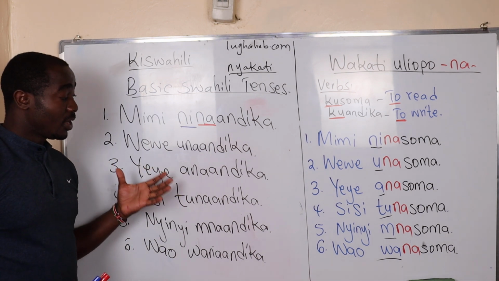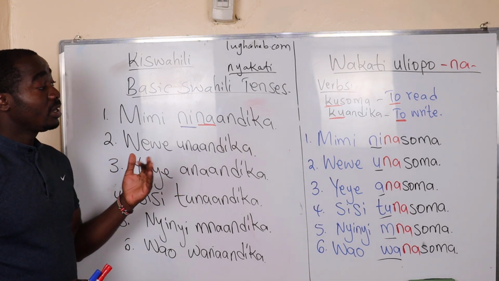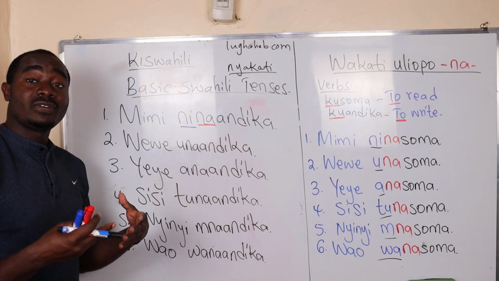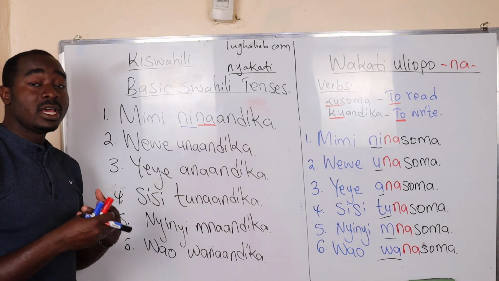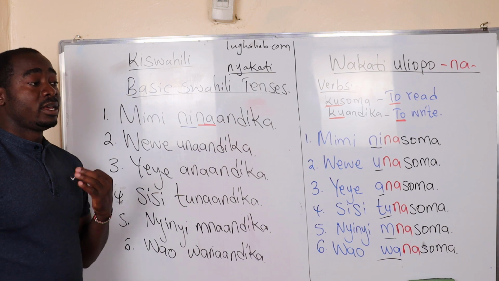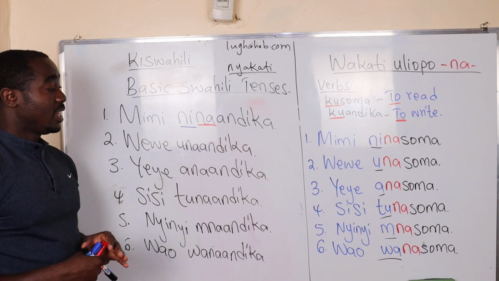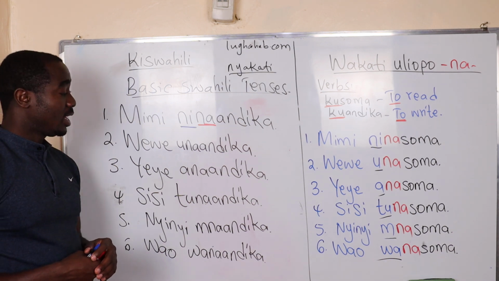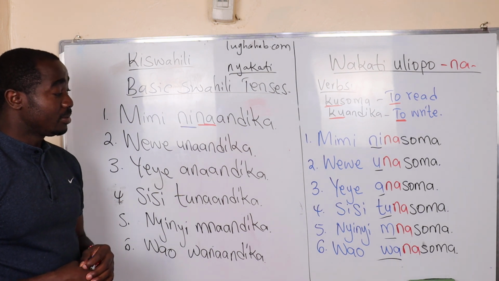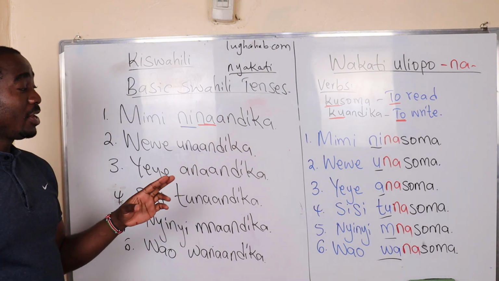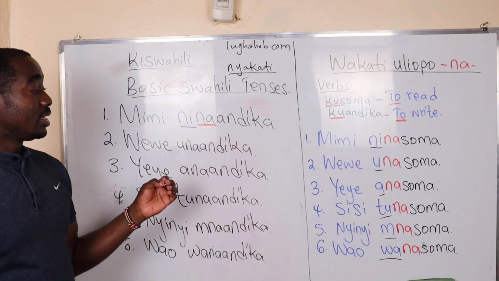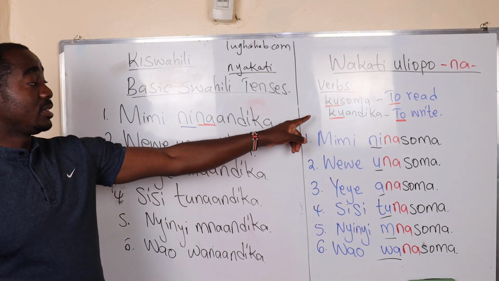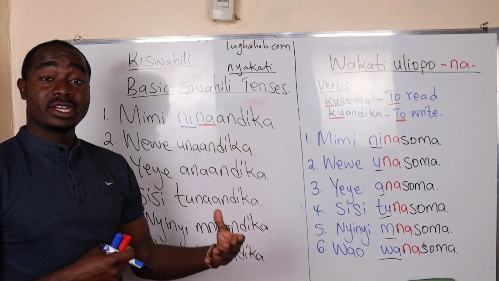These are the verbs andika and soma in the present tense. We've just tried to conjugate these verbs in the present tense. I've been teaching Swahili for several years, but whenever I teach the present tense, students forget.